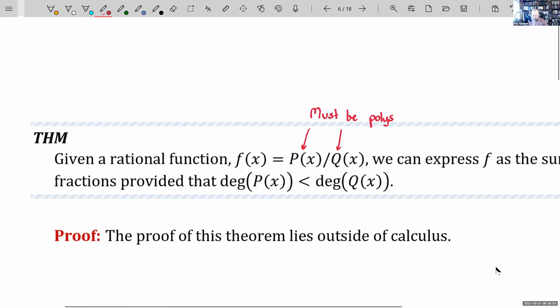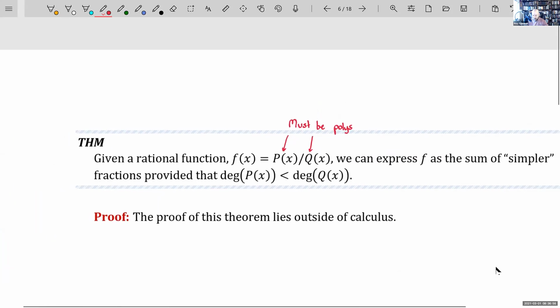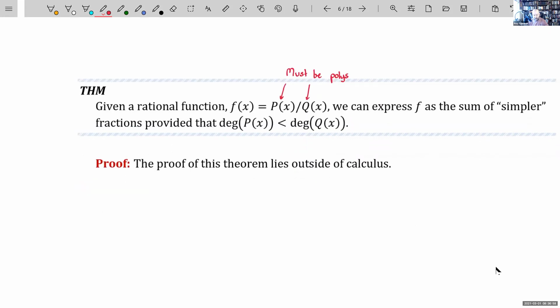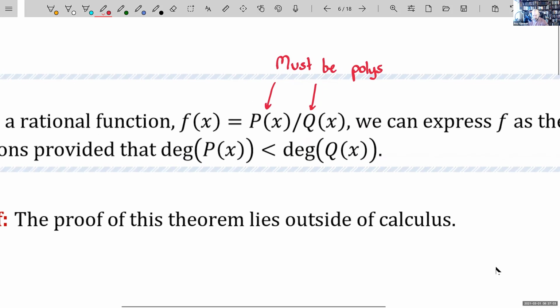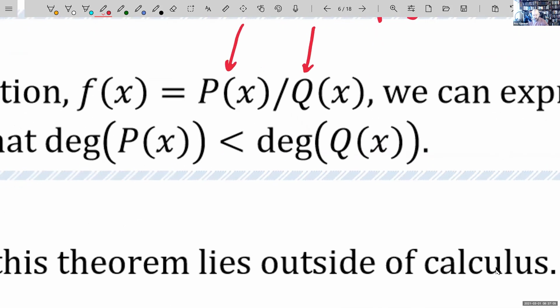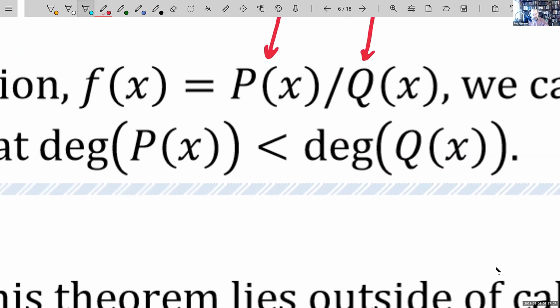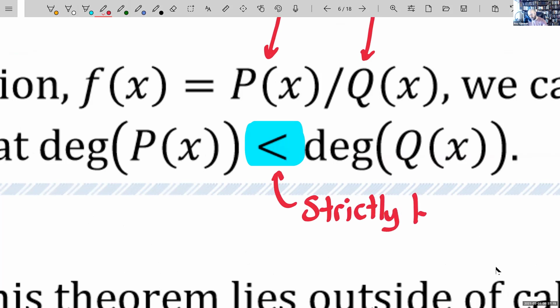We can express the function f, the rational function, as a sum of simpler fractions, provided one very important condition. The degree of the numerator must be strictly less than the degree of the denominator.